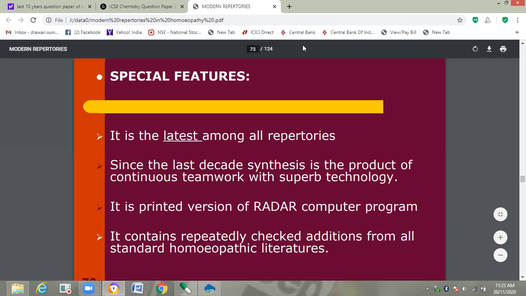Then the special features of the 8th version of Synthesis repertory. As we know, this edition was published in February 2001, and it is an attempt to resolve the quality-quantity controversy by providing the highest quality of information. In this edition, they have collected information from about 655 different sources.